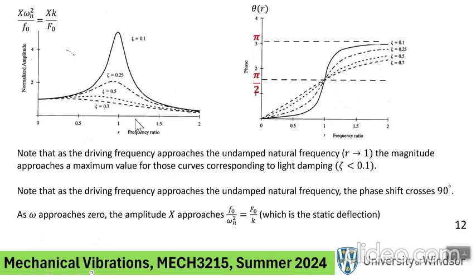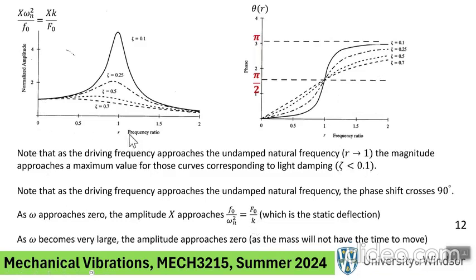As omega approaches 0, which means R approaches 0, because remember R is omega over omega n, essentially we have a static problem, and we see the static deflection. And finally, as R gets bigger and bigger, we go to the right, which means omega gets bigger and bigger compared to omega n. The mass does not even have time to move, so the amplitude is very small, and in the limit it goes to 0.